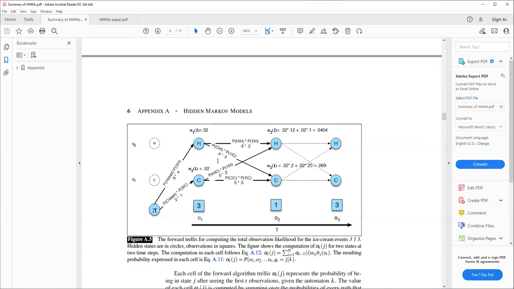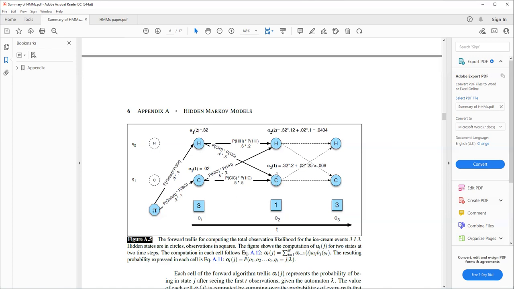Those are the three values you need to multiply, and then you need to take the sum of both of them. So 0.32 into 0.12 as is shown here, right? Plus 0.02 multiplied by 0.1. And if you take this sum, you then compute alpha 2 2, which is 0.0404.